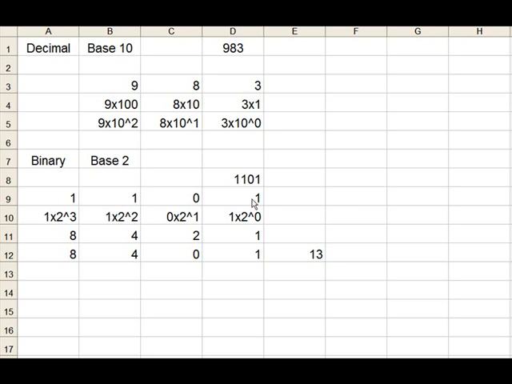The places in the binary number system are the 1's place, the 2's place, the 4's place, and so on, and these are determined by powers of 2. 2 to the power of 0, 2 to the power of 1, and so on. So the places in the binary system start by writing a 1 and then double it for each place moving towards the left.